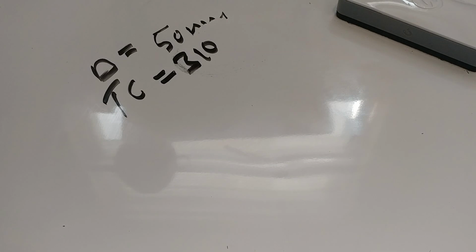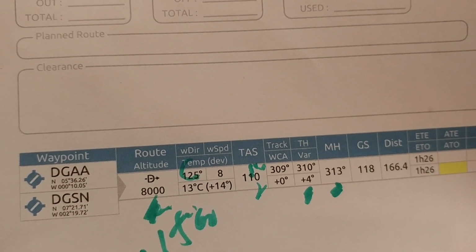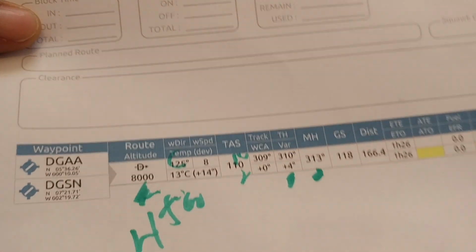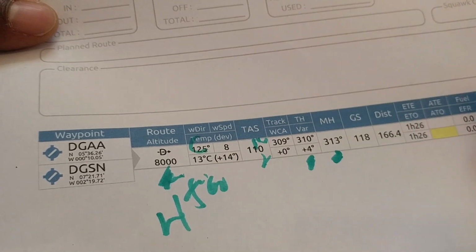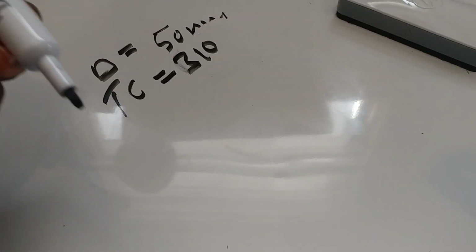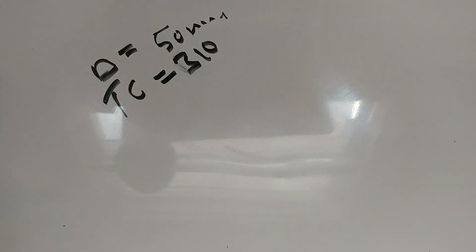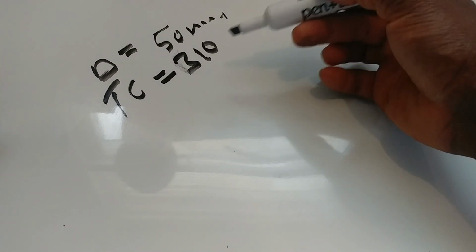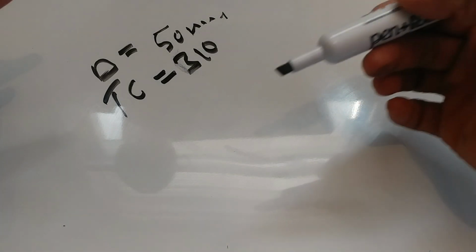And on the chart, it gives us our true airspeed, which is 110 knots, TAS, right here. TAS is the 110 knots that your airplane is going to cruise at the maximum cruise settings. It can differ based on the airplane, but let us use the 110 knots.